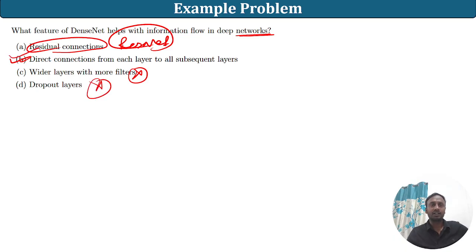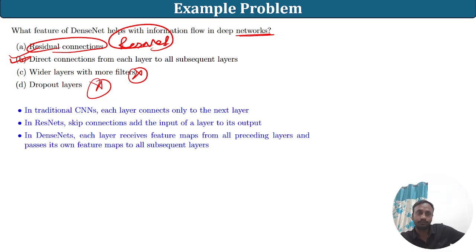In ResNet, the skip connection in the traditional network connects only to the next layer.